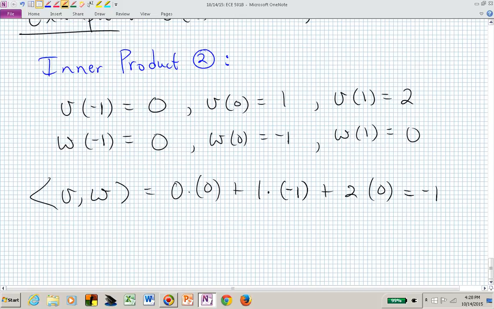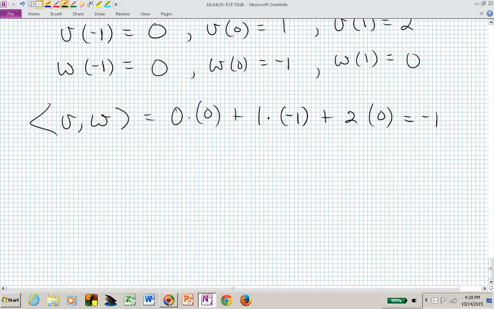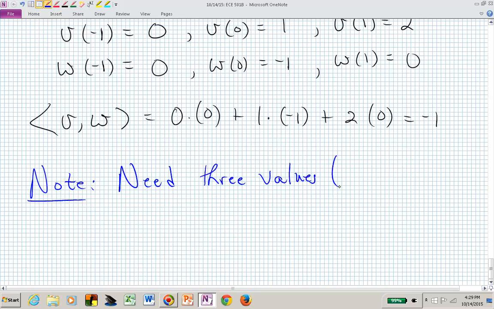Now, here's what I want you to keep track of relative to what I had just said before. Here are some observations. Note, we actually need 3 values, or we need to sample each of those polynomials belonging to P sub 2, each of those vectors.